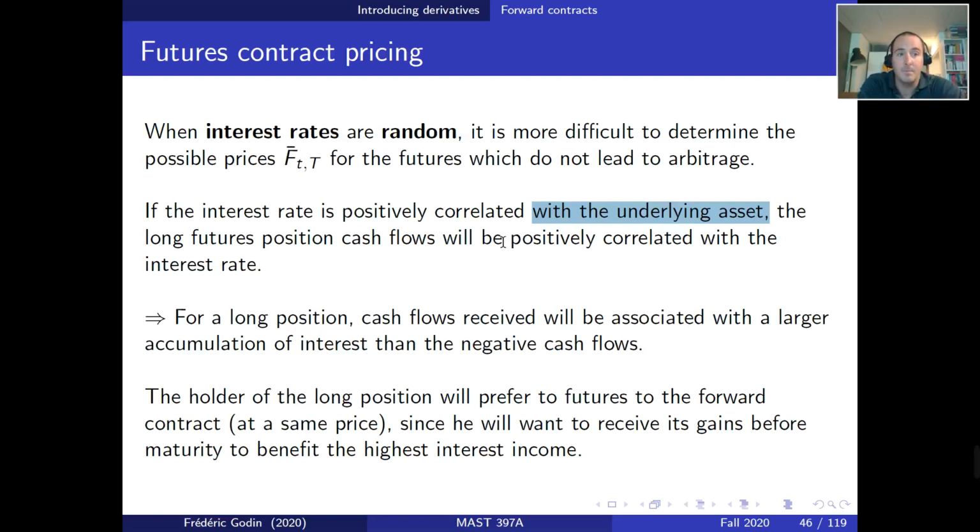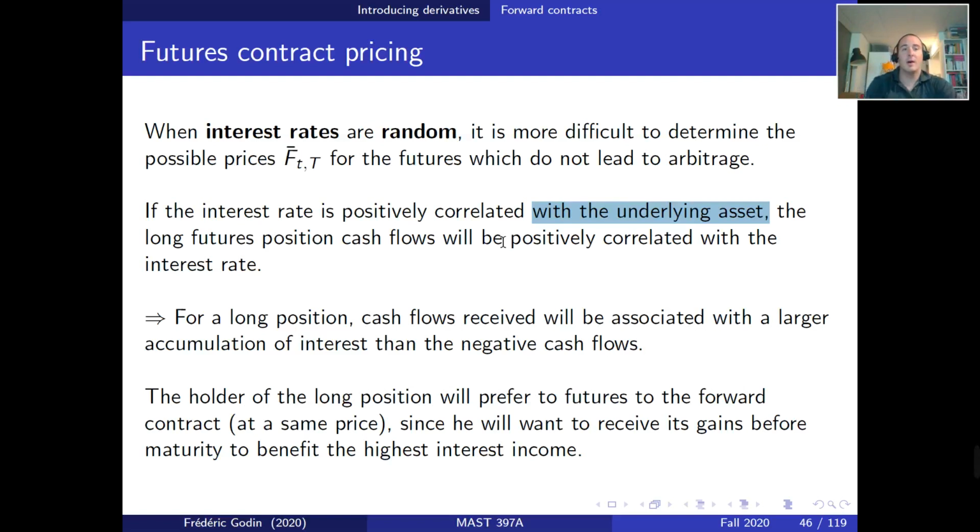So this negative cash flow is associated with a small amount of interest. Okay, so small interest rate. So it's not as problematic to pay a cash flow right now instead of at the maturity, because you will pay less interest on it.